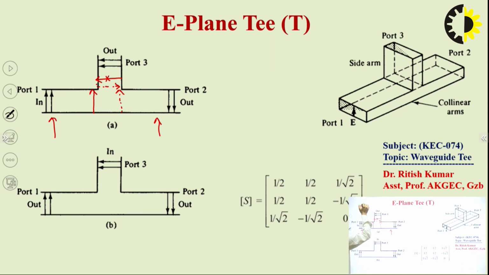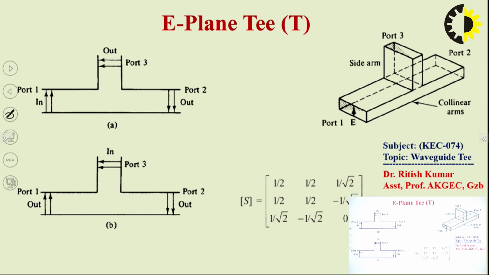Suppose this one is P1, P2 and P3, so P3 will always be equal to P1 minus P2. So if P1 is equal to P2, then ideally we will not have any power. So this is the basic concept of the E-plane T.